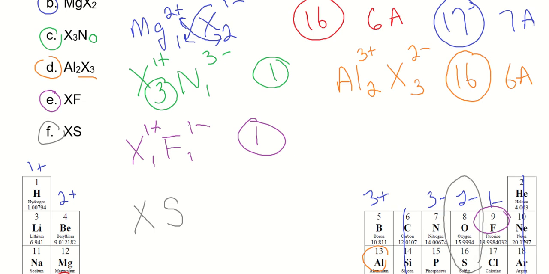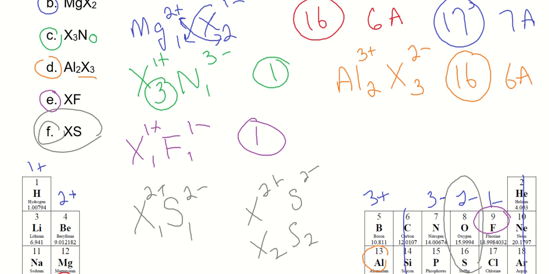We know sulfur's most common or stable ion is going to have a charge of 2 negative, and because these are in a 1-to-1 ratio, the charge on the element X cation must be 2 positive, because if you have 2 positive and 2 negative, crisscross them, you're going to get X2S2, which reduces to XS. So this must be a group 2 element.